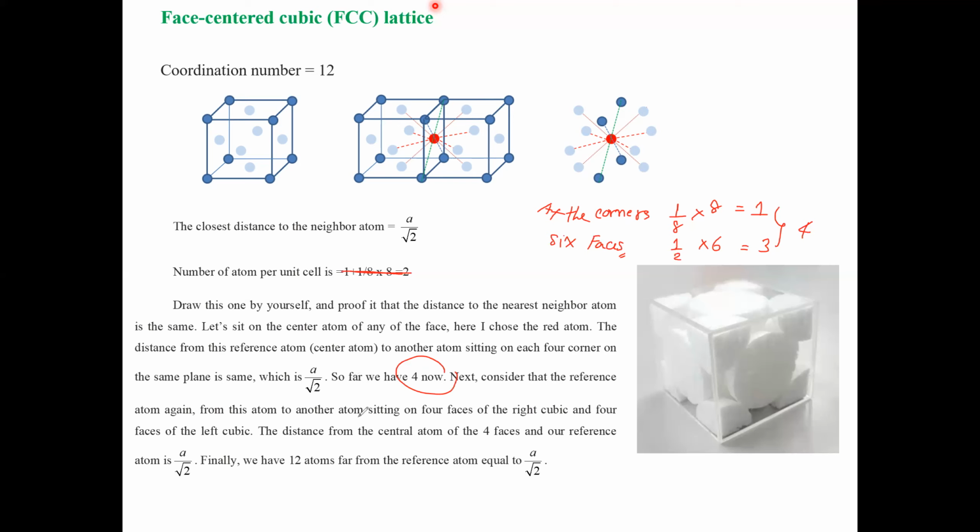Now let's compute, right, that the distance from the center atom to another atom sitting on each 4 corner on the same plane is A divided by square root of 2.